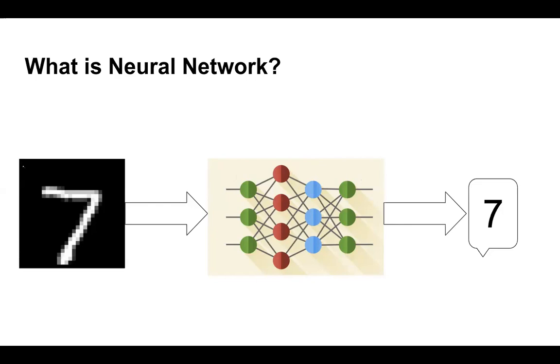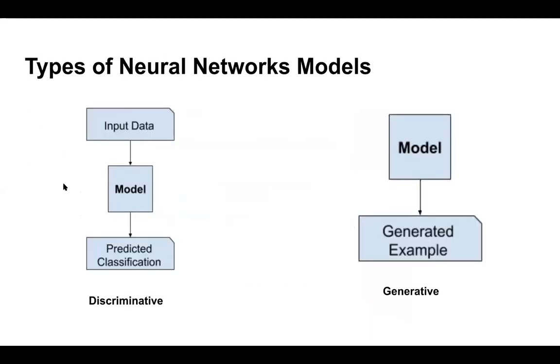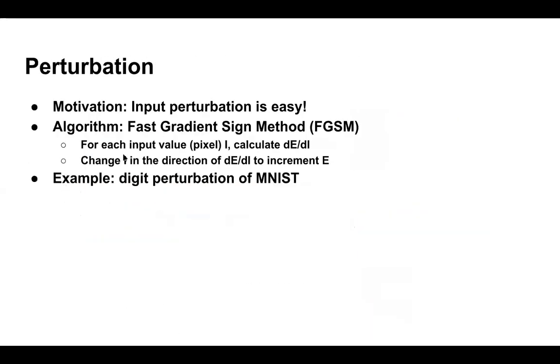For each pixel over here, we look at the partial derivative of the error with respect to this pixel. Then we move the pixel in the direction of this derivative, instead of the opposite direction as before. So the goal is to increase the error.